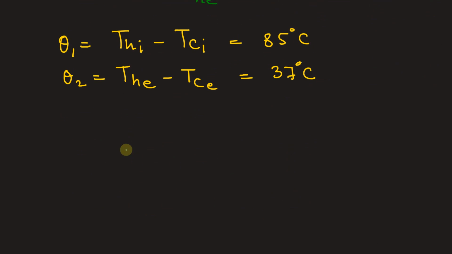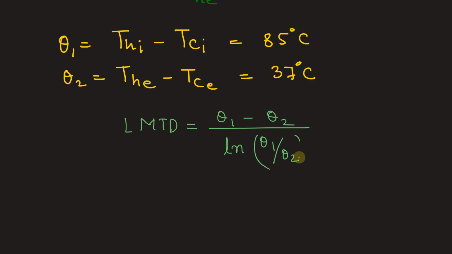So the expression for LMTD, as already mentioned, is theta 1 minus theta 2 divided by ln theta 1 by theta 2. So we know the values: 85 minus 37 divided by ln 85 by 37.